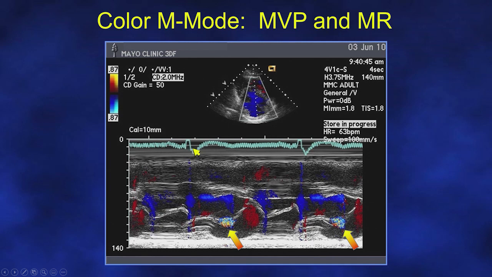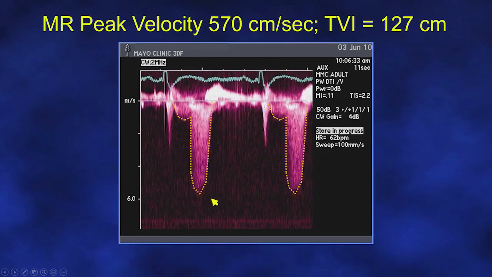You can see here's the QRS and systole begins, and there is no mitral regurgitation. And then towards the end of systole, there's a lot of mitral regurgitation, but it's only present for a very brief time. And in fact, the correct way to trace this CW for TVI is actually trace what's there. Don't imagine what the curve should look like. And in this case, instead of 179, we got 127.